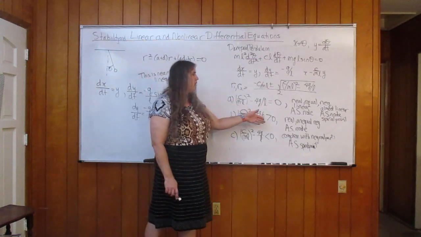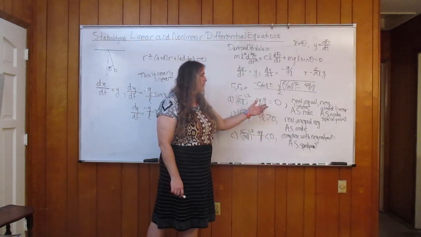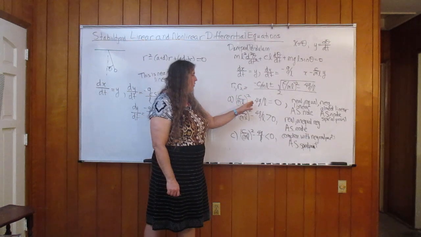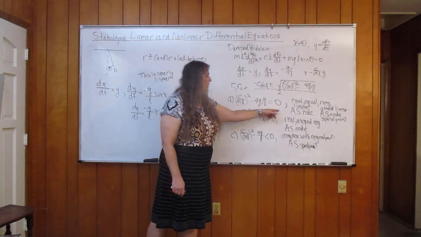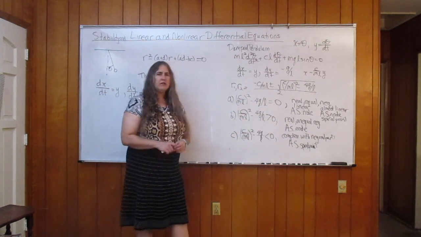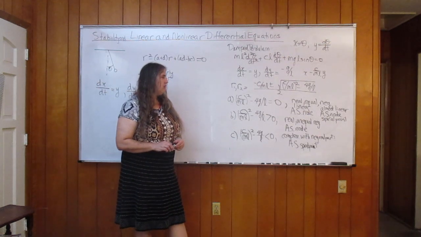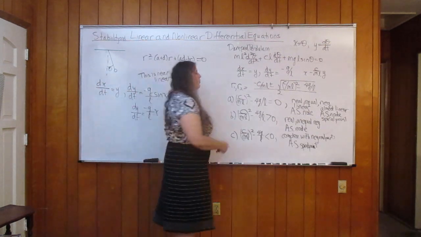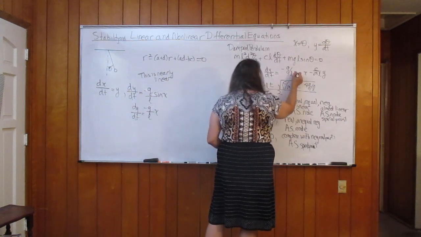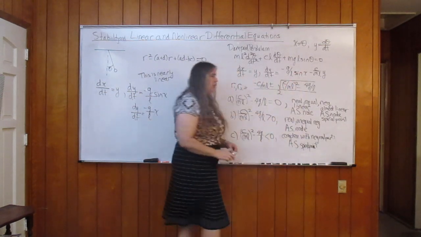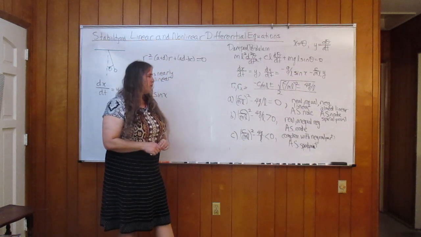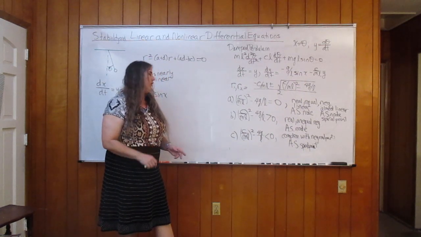They're both going to be real, they're both negative, and they're equal to each other. The type of critical point that is for the linear system is going to be asymptotically stable. Now for the almost linear version, which is the one we're interested in, in other words, when you've got sine x here, the critical point will either be an asymptotic stable node or a spiral point.